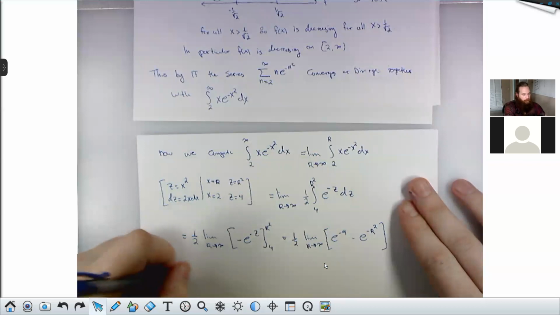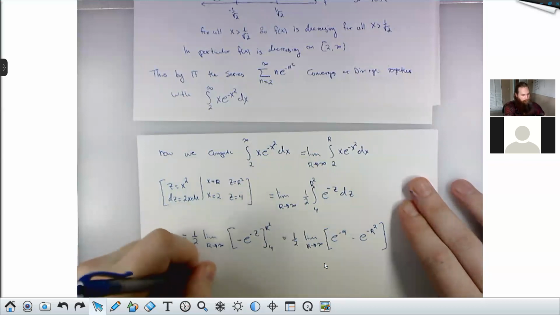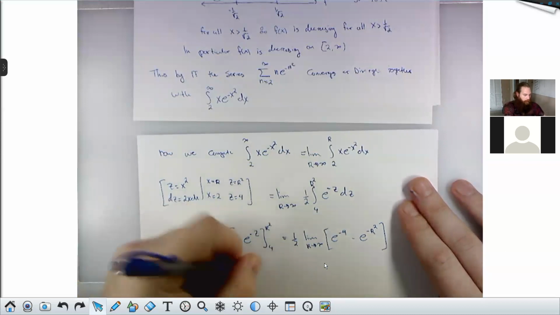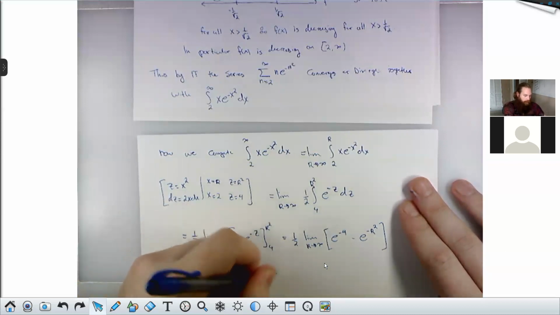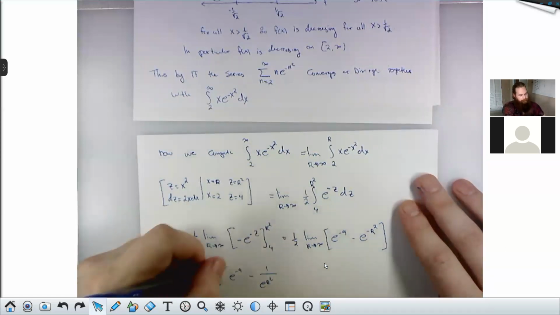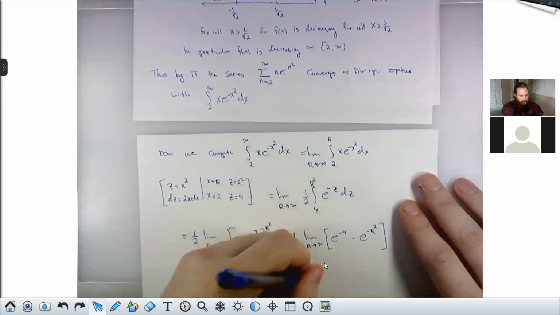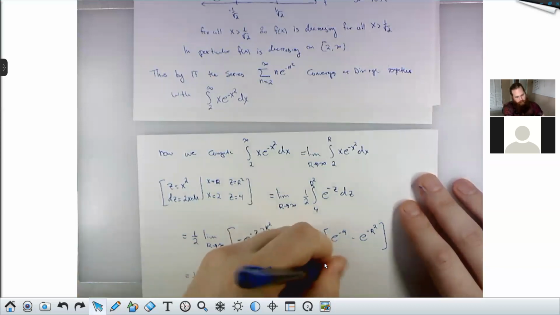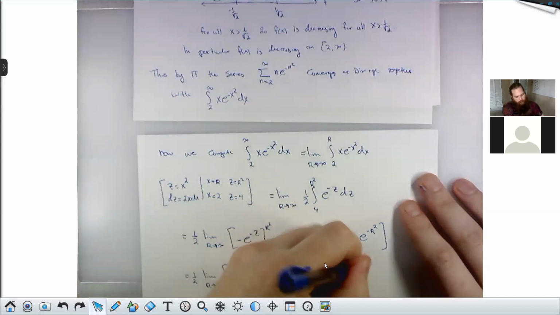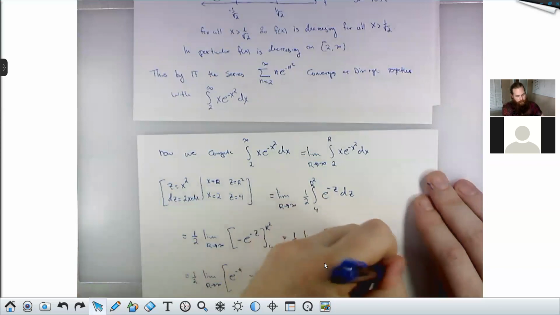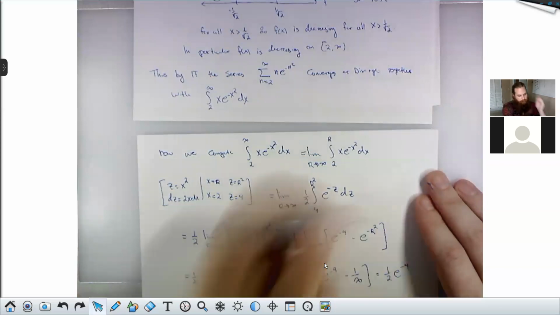So this is 1/2 the limit as r goes to infinity of e to the negative 4 minus 1 over e to the r squared. As r goes to infinity, r squared goes to infinity. e to the infinity is infinity, so this is 1/2 times e to the negative 4 minus 1 over infinity, which is 0, so that's 1/2 e to the negative 4.